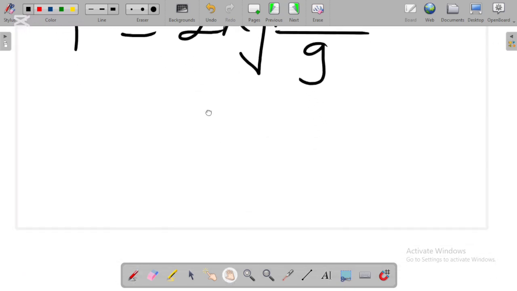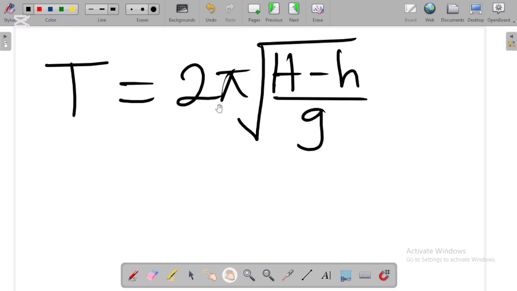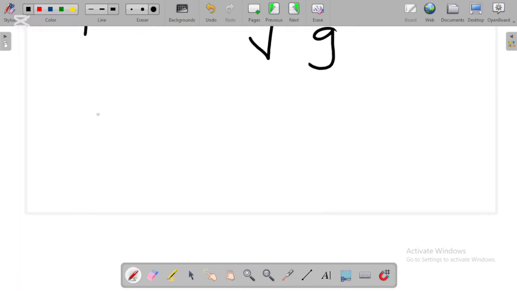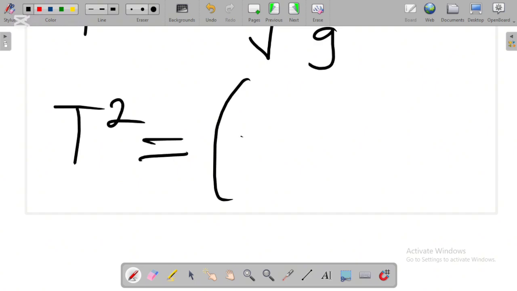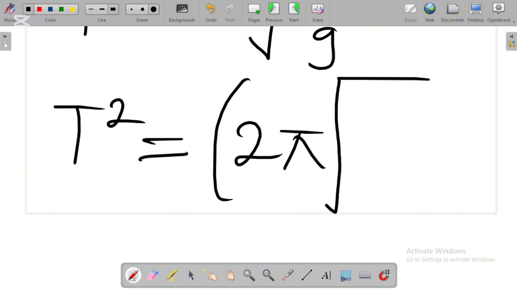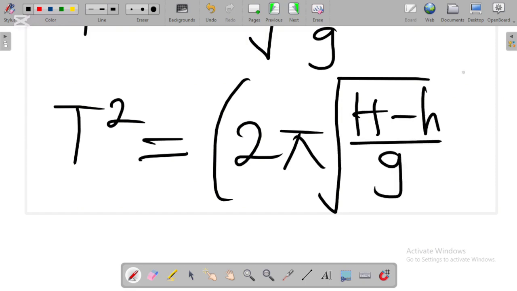Remember I told you, in order for you to eliminate the square root here, you have to square both sides. So if you square both sides, you will have T square is equal to, open bracket, 2 pi square root of capital letter H minus small letter h all over G, and then all raised to power 2.